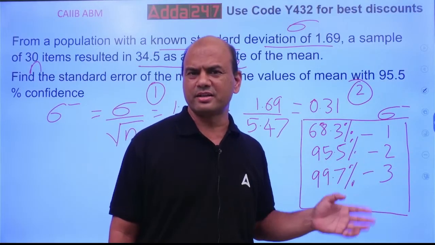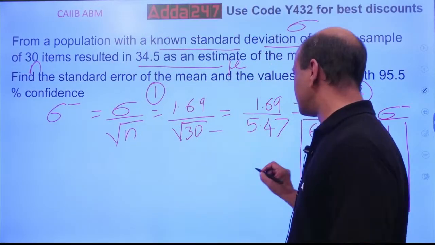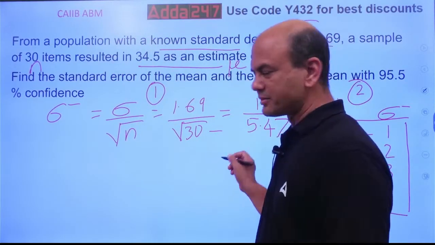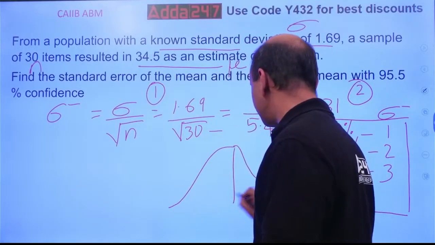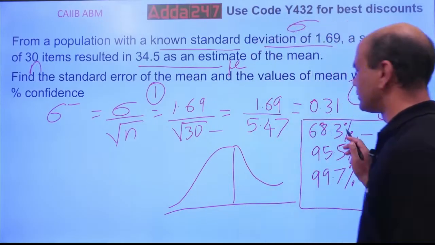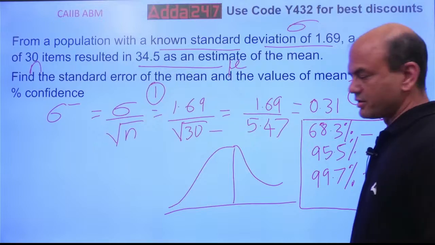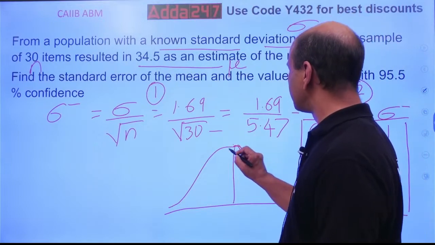Now what is this? Okay, I'll show you that graph also. See, this graph is like this. This is your normal distribution curve, right? 68.3% confidence means one standard error, okay? So one standard error over here means it is like this.